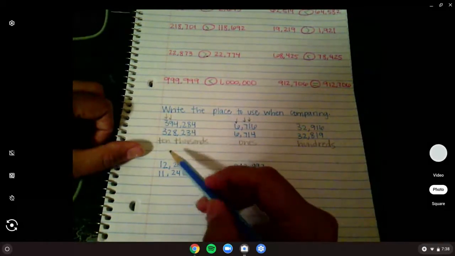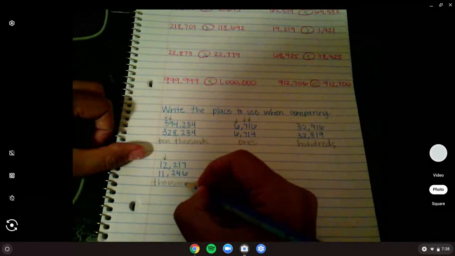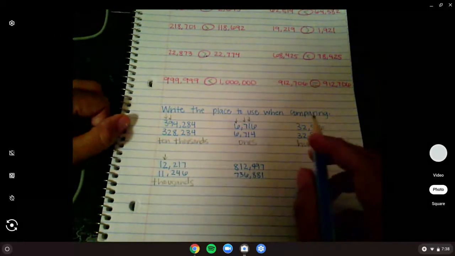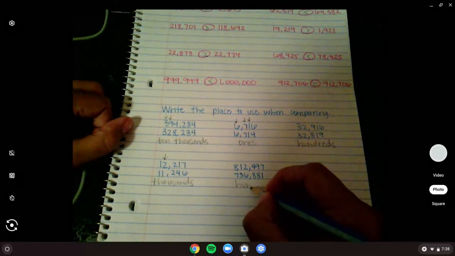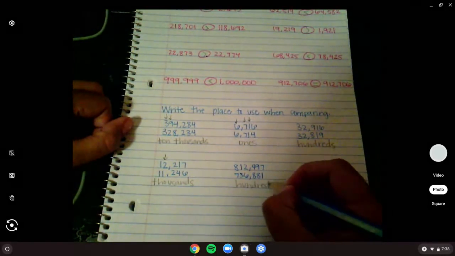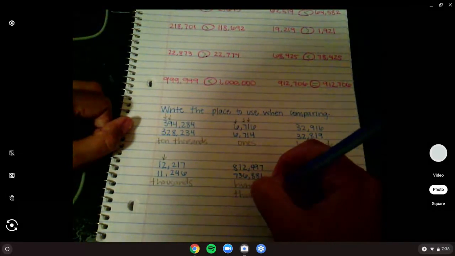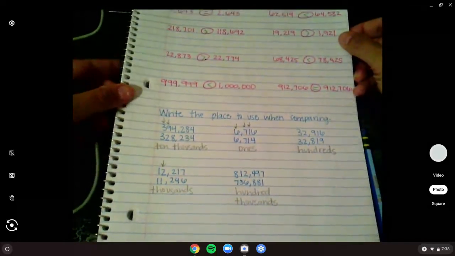Bottom row, we would use our thousands here. Thousands, even though it has 10,000, we use the thousands. And for our last one, it is the 100,000s. I'm going to write it underneath. The 100,000s place that compares.